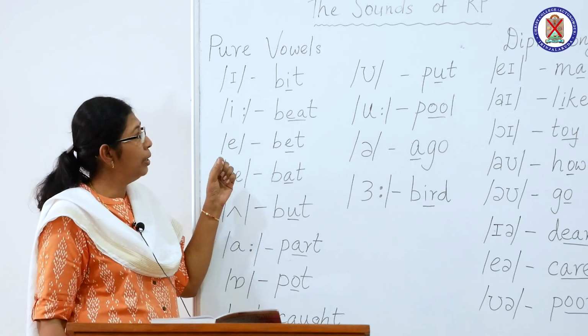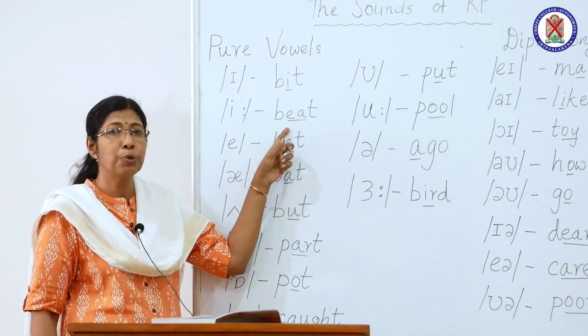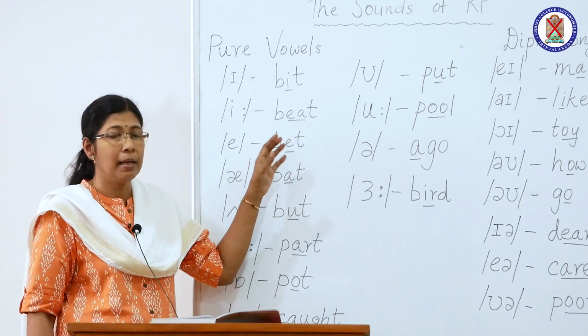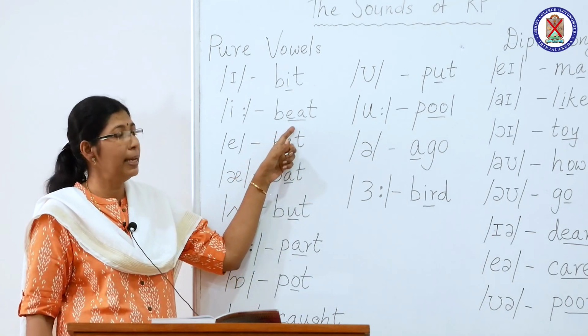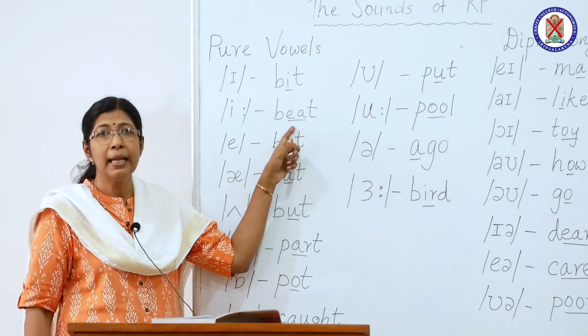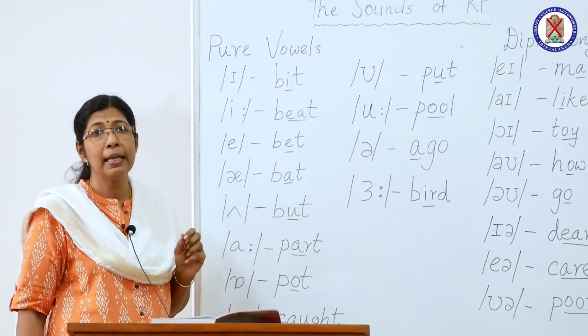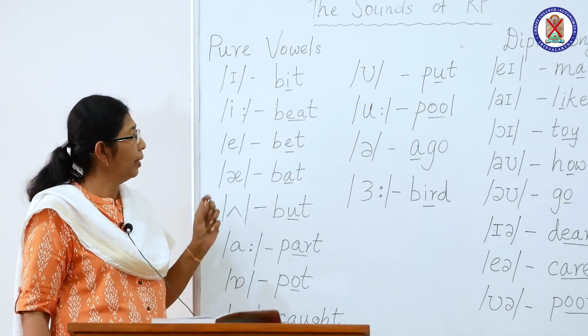This is the sound we find in the English word beat. In the word beat, this sound is represented by the letters EA. EA is pronounced as this long vowel in beat.